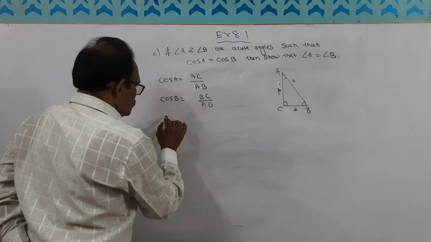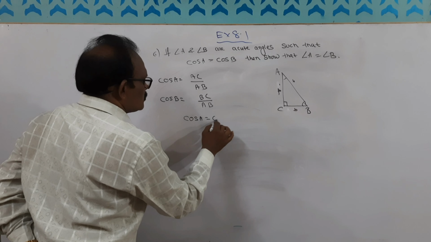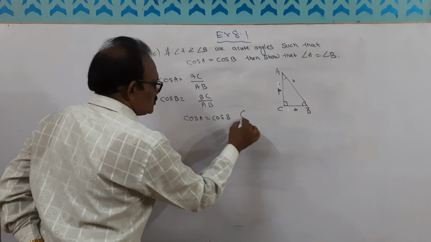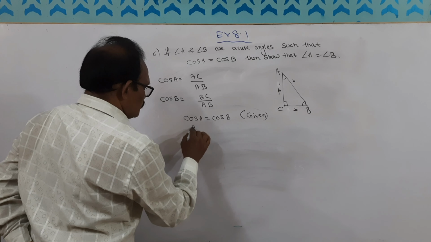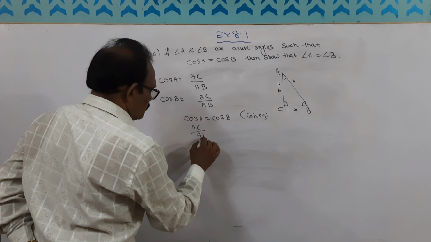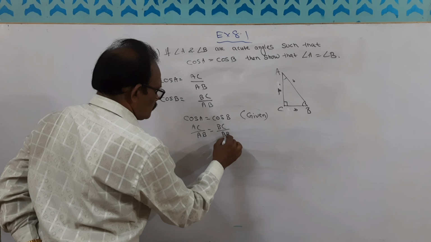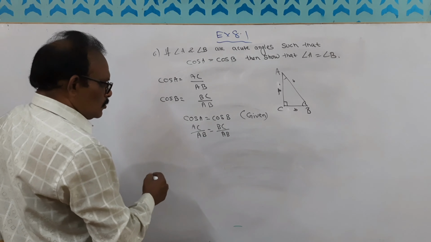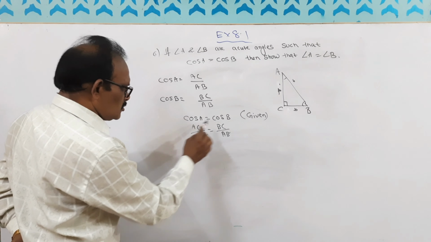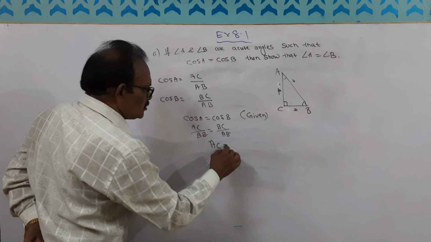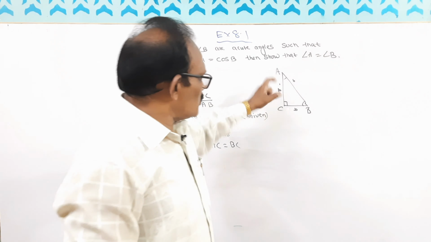Now the question gives cos A equal to cos B. Then AC by AB is equal to BC by AB. If you cross multiply, or if both denominators are the same, you can cancel them. So what is left? AC is equal to BC. So we got this side equal to this side.